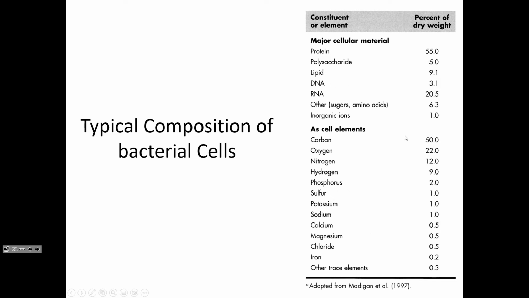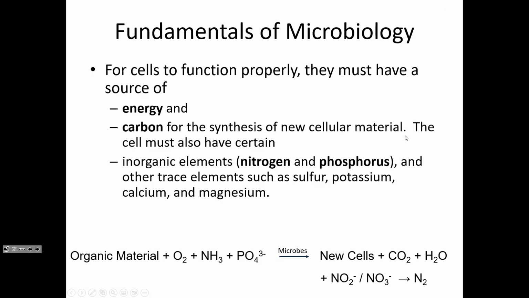And so this is important because for bacteria to grow, they need sources of carbon and they need sources of energy. And we're going to be talking about different ways that they get their carbon and different ways that they get their energy based on different categories of pathogens and microbes. So these two things that are required, energy and carbon, are the two main constituents of what they're in the treatment plant looking for.